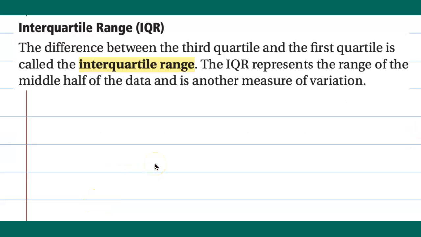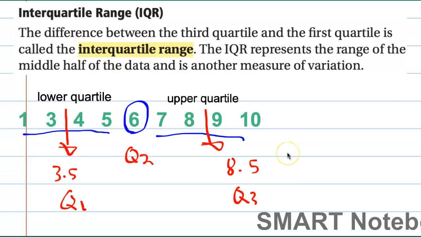Let's look back at the last example that we have. Going back to the examples, we had this lower quartile, Q1, Q2, the upper quartile, and Q3. The IQR is the difference between the upper quartile, or Q3, and the lower quartile. So with that said, the formula is IQR, the interquartile range, equals Q3 minus Q1.